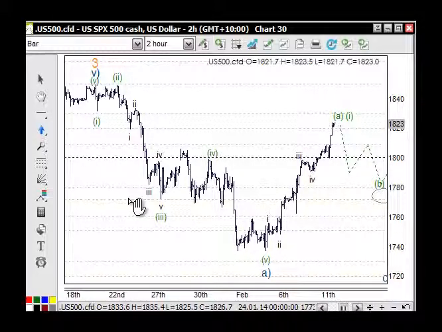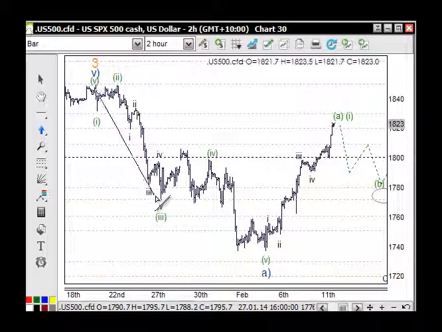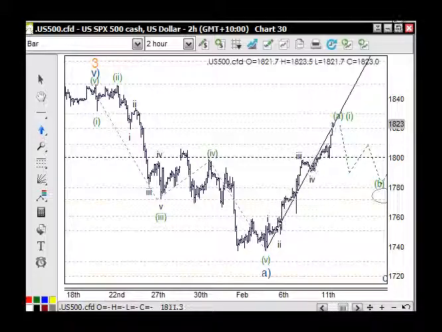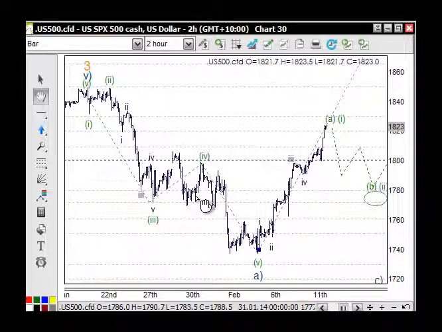But I can also see that, as mentioned yesterday, we can also count this down for wave A, B, C: for the B wave, and down here for the C wave to complete it here, and then we'd be moving straight up from here. So we need to keep that in mind.